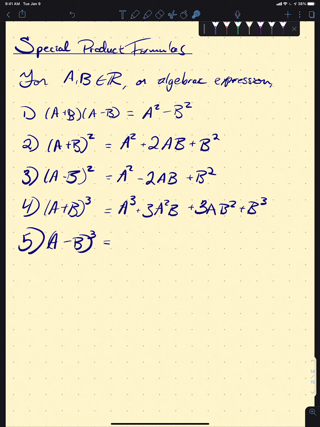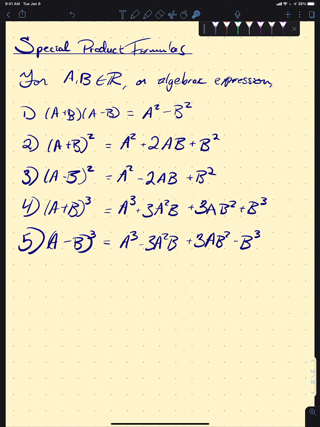Well, noticing how this one went plus minus plus, we should sort of expect this to go plus minus plus minus. And in fact, it does. A minus B quantity cubed is A cubed minus 3A squared B plus 3AB squared minus B cubed. Once again, you can use this with a quick substitution to directly give you that answer.